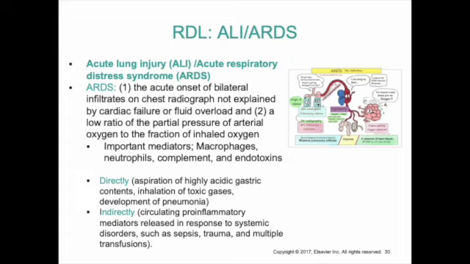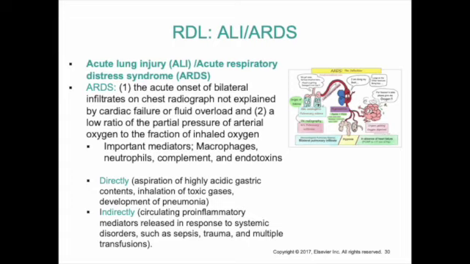Acute lung injury and acute respiratory distress syndrome represent a spectrum of acute lung inflammation and diffuse alveolo-capillary injury. Okay? But ARDS is going to be the most severe form, and this is why it's so important to understand ARDS specifically.